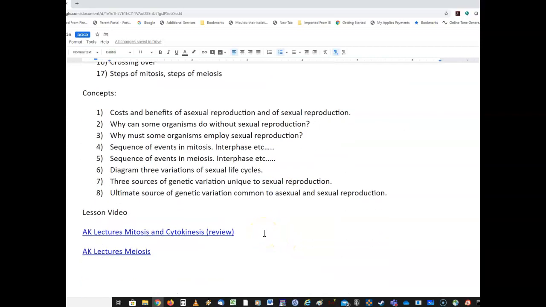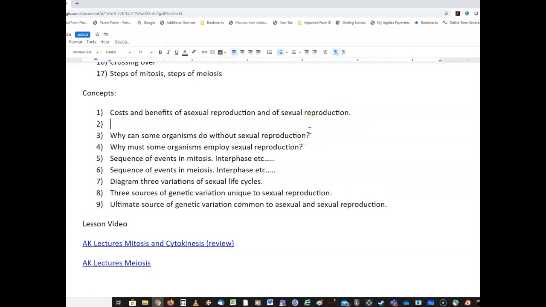All right, some concepts that we want to address right here. Costs and benefits of asexual reproduction and sexual reproduction. All right, so asexual equals cheap, fast, but no added variation for natural selection to act upon.